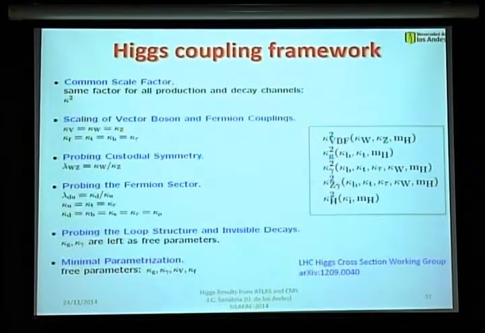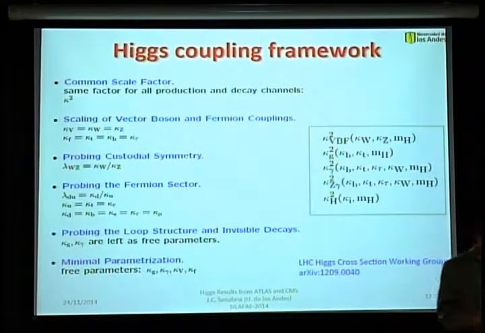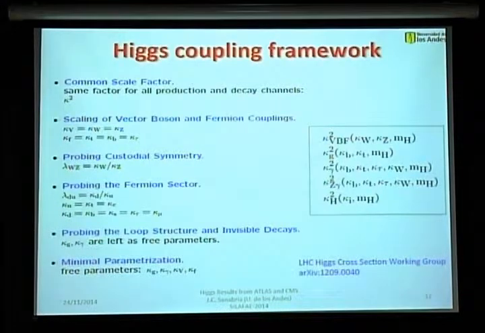For example, just a single deviation to measure the amount of deviation of the couplings measured with respect to expectations from the standard model, or group the vector boson couplings and the fermion couplings, probing the fermion sector, the up and down families of the fermions, to try to see what is going on with the composed couplings, gluon and gamma, for example.